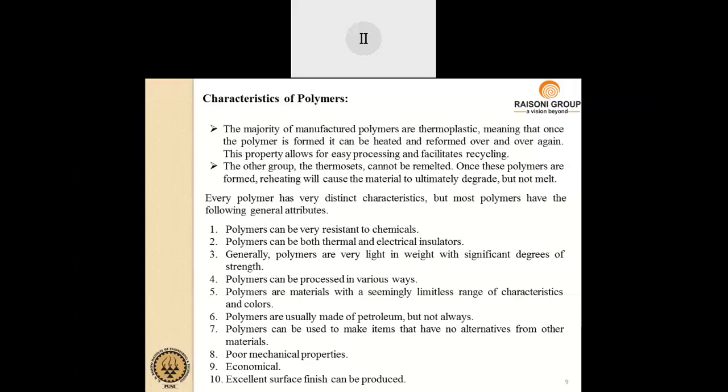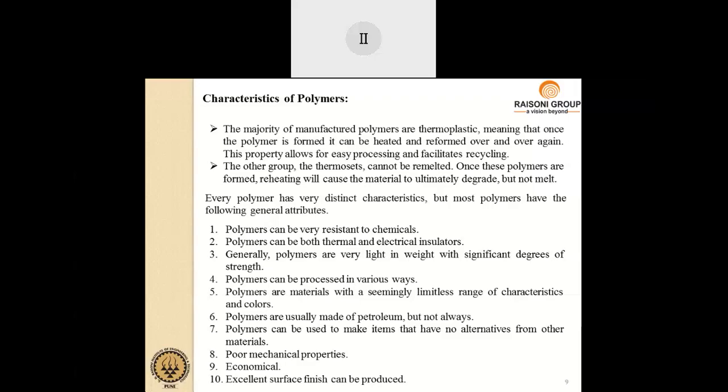What happens in thermoplastic? Once formed, we can heat it again and reform it many times. But in the case of thermoset polymers, after they are formed, if you reheat them, they will not melt.